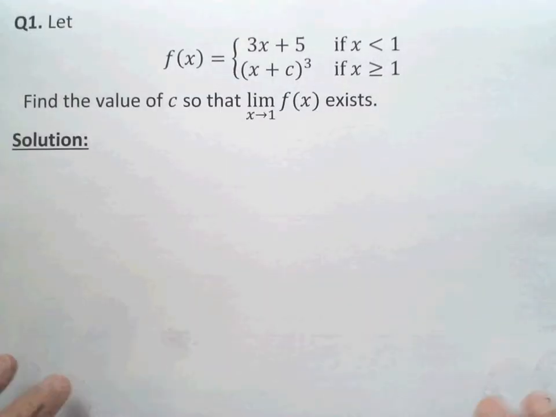We are going to find the left-handed limit and the right-handed limit, and then set up an equation to solve for the variable we need.